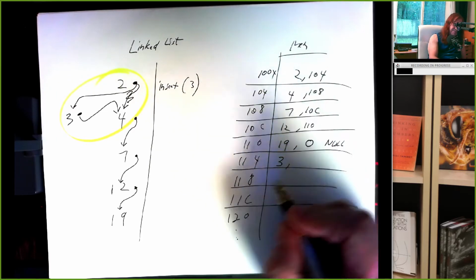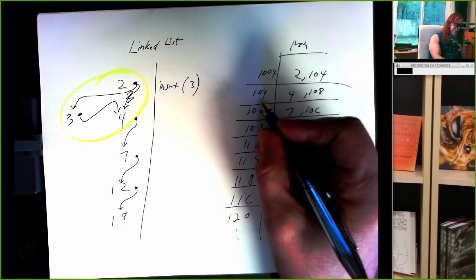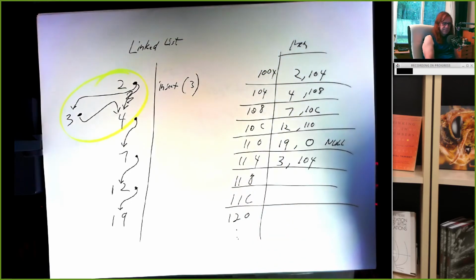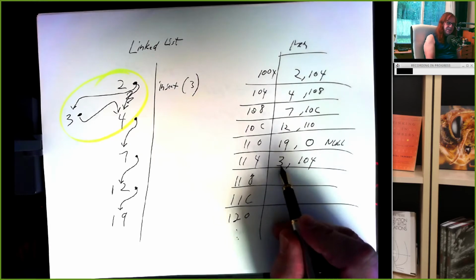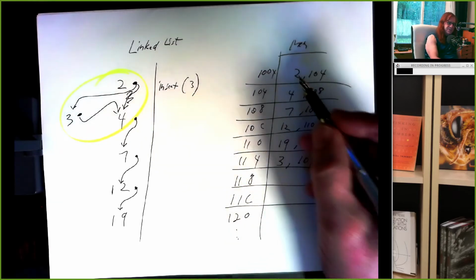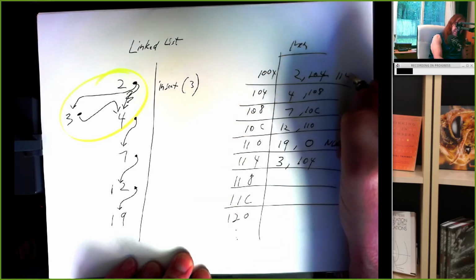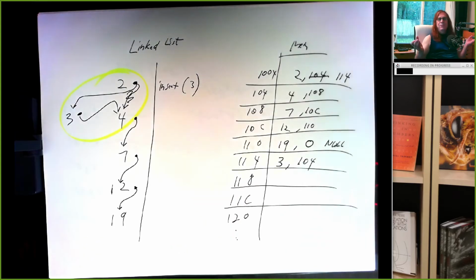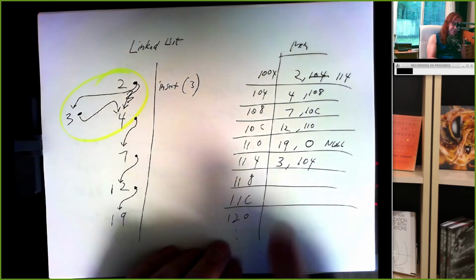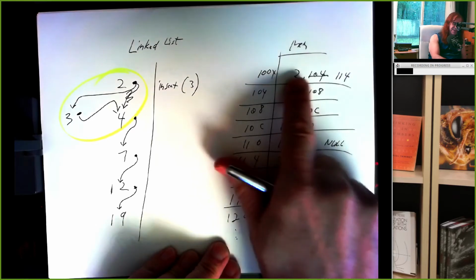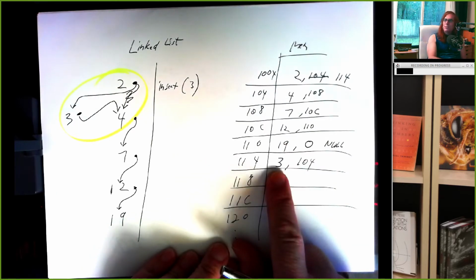I say, hey, the number after this is the number stored at this location, 104. And how do I indicate that this comes right after the 2? I go up to here where the 2 is stored and I say, hey, the next number is the thing at location 114. And we are done. And we've inserted a number into this list. And we only had to do 2 things. Right? Create this new number with the address of the thing that comes after it, and change the thing before it to point to that new number.